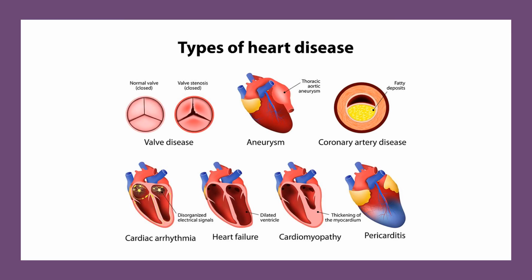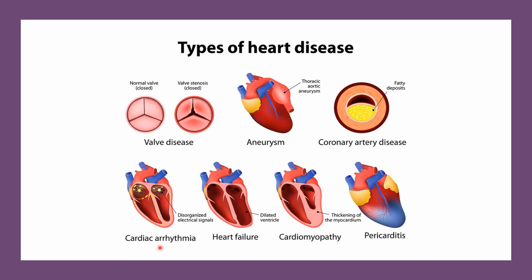So these are the different types of heart diseases. You have valve disease. This is the normal valve, which is closed, but with valve stenosis you see there's an inflammation and the enclosure of your valves does not close properly. You also have the aneurysm, where there is swelling in the vessels. In coronary artery disease, you have fatty deposits within your arteries.